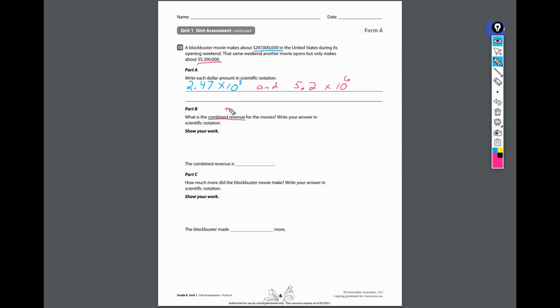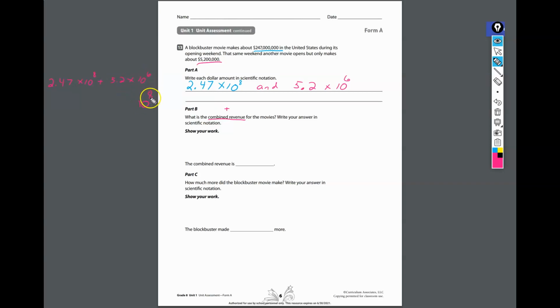So remember that when we add them up, we need to make the smallest power like the big power. Let's come over here. 2.47 times 10 to the 8th plus 5.2 times 10 to the 6th. So I'm going to make that 10 to the 6th like the 10 to the 8th.